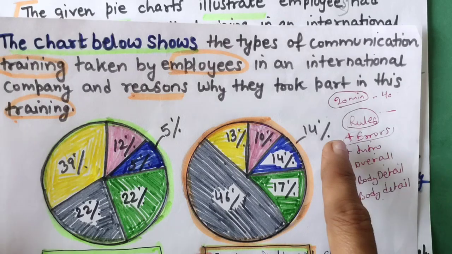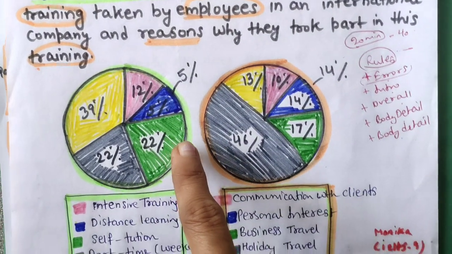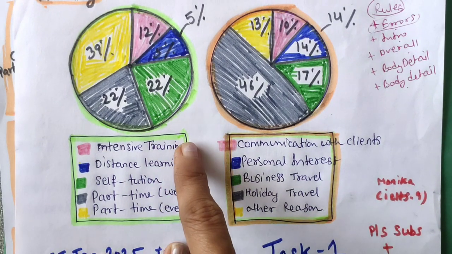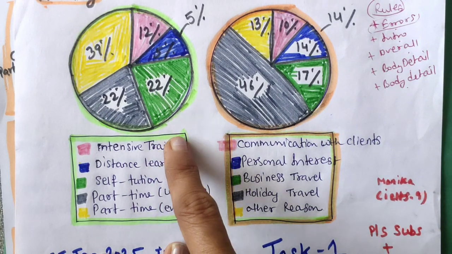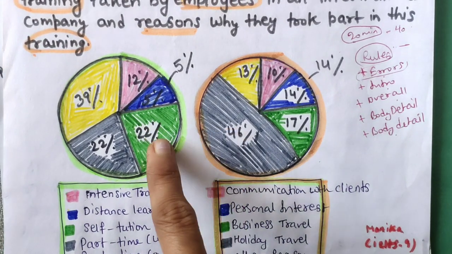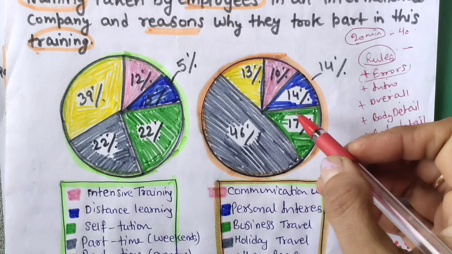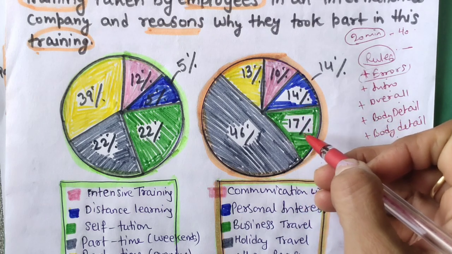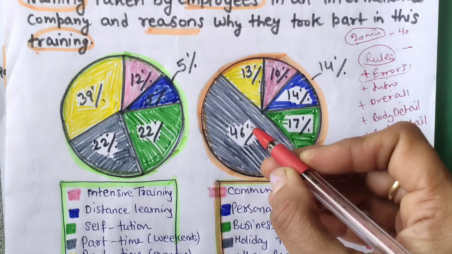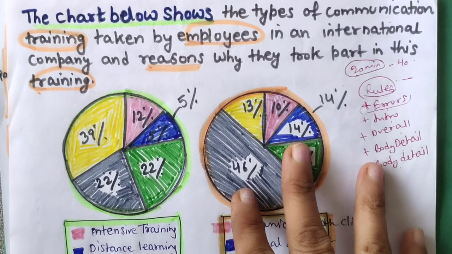So after getting the question statement, first look at the diagram. I can see here there are two pie charts with different categories, 5 here and 5 here also. But in the actual exam you will not get colorful ones. They can make it plain, lighter or darker, grayish, light black, light gray, this kind of thing they can give you.